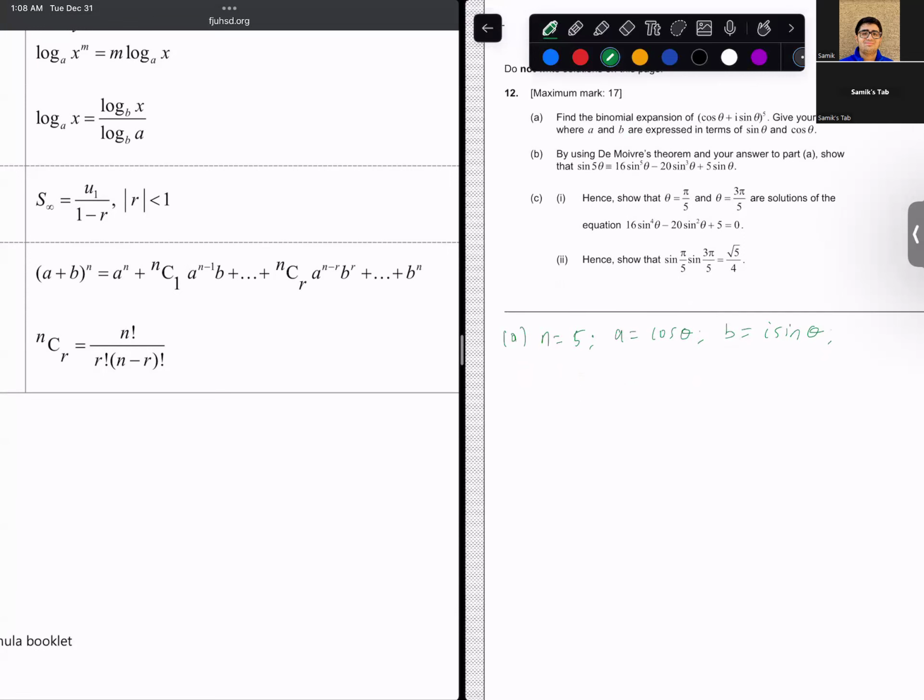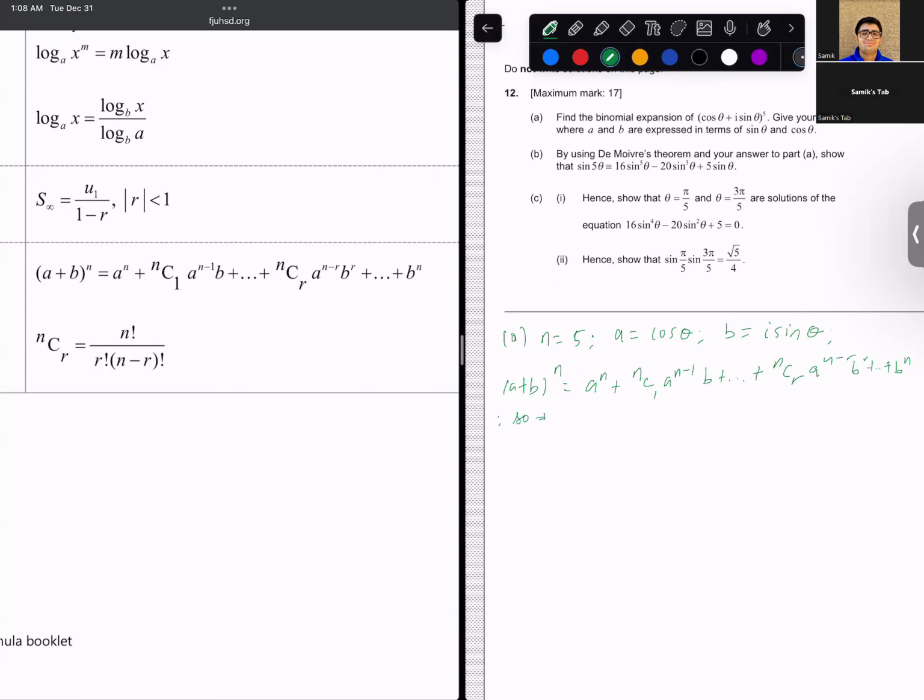So now following these principles, we can apply our formula of (a + b)^n = a^n + nC1 a^(n-1) b + ... + nCr a^(n-r) b^r + ... + b^n.